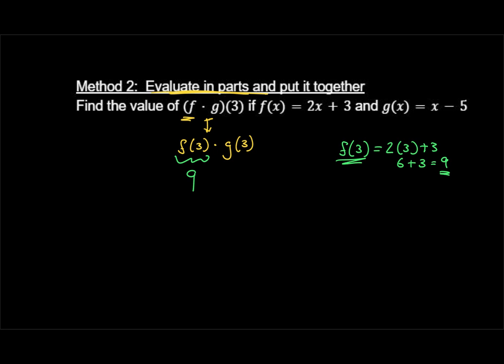I can now find g of 3 with my g of x equation, which is x minus 5, so 3 minus 5, and 3 minus 5 is -2. So I now know g of 3 is -2, so I'll replace it with -2. These two are connected by multiplication, so we are going to multiply 9 and -2 to get -18.